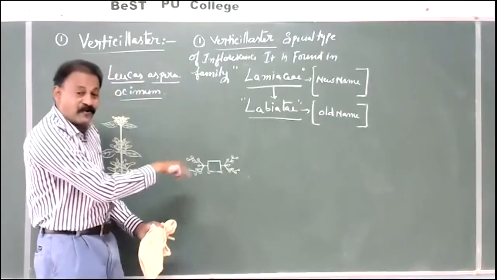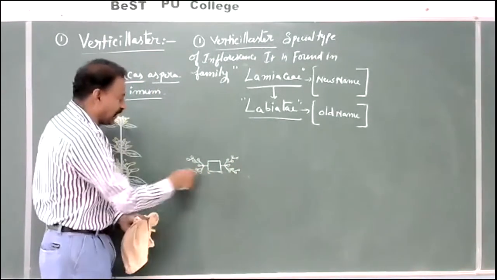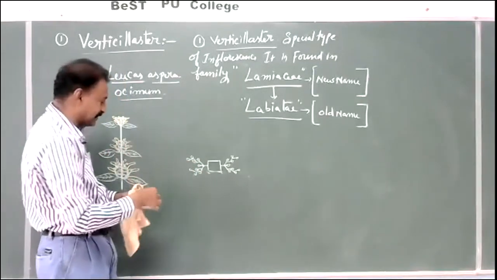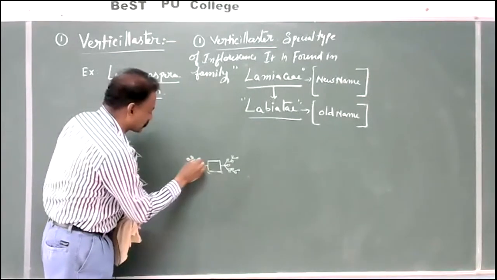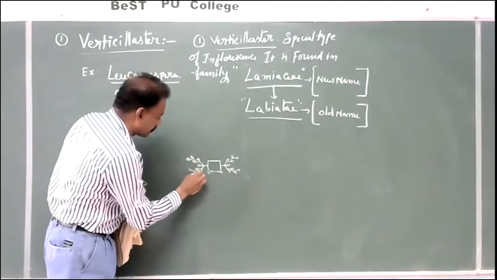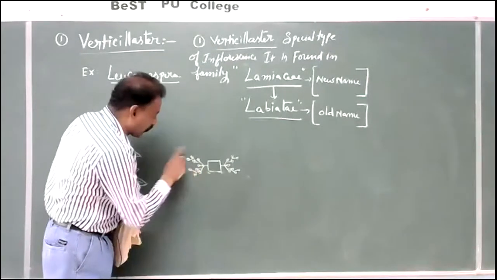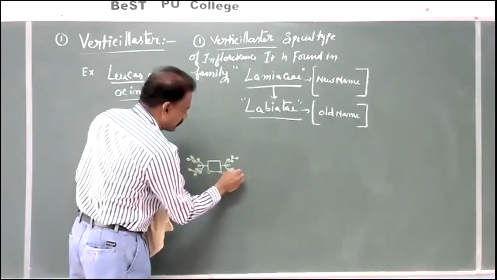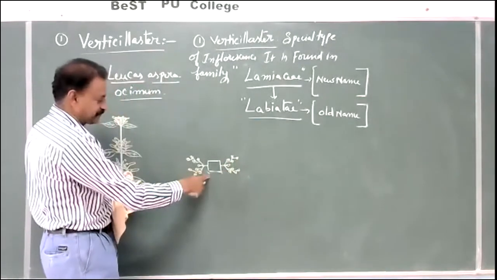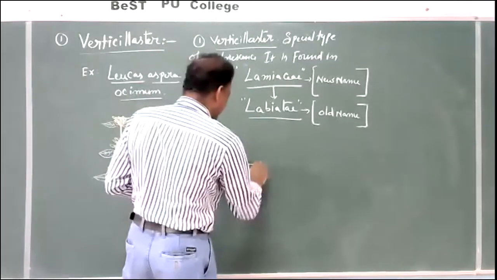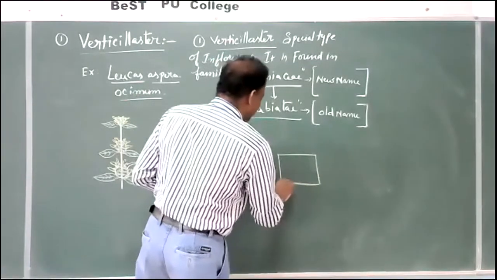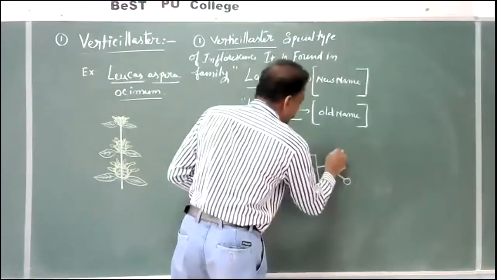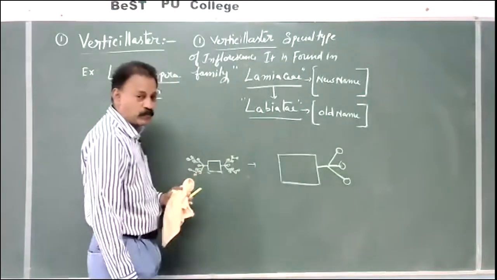In the form of whorls, they surround the node, so closely arranged, so closely attached. Monochasial, scorpioid. Now I want to show a large one, again for convenience: initially dichasial. Dichasial means always two.